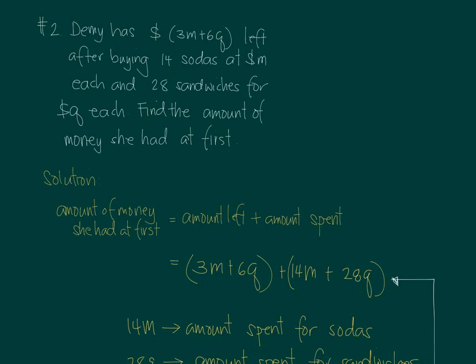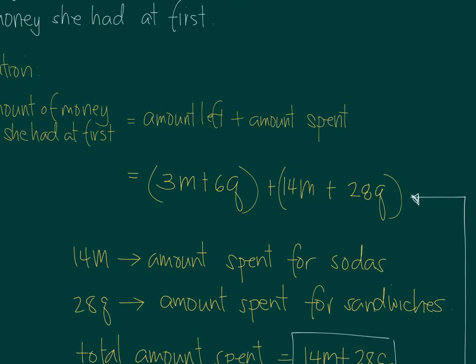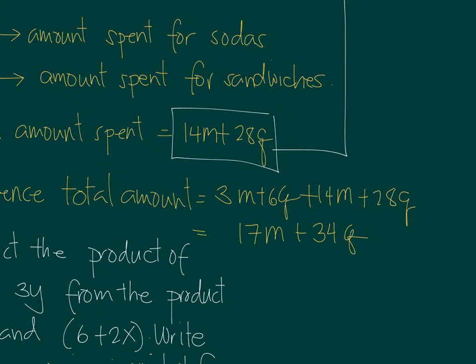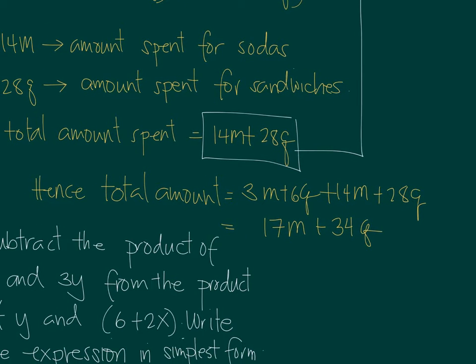And from here, to find the amount of money she had at first, all we have to do is simplify this expression. Simplifying this, you have to combine the M terms. 3M plus 14M will be 17M, and then 6Q plus 28Q will be 34Q.